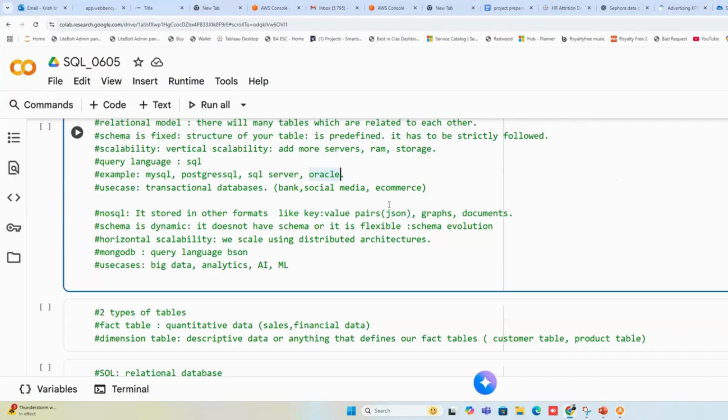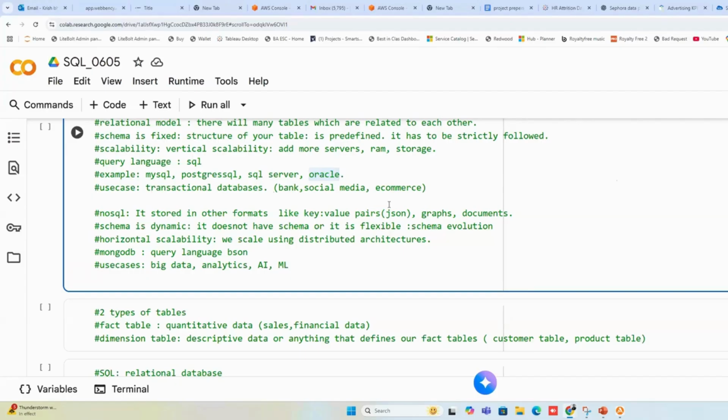All right. Now, what is the difference between a fact table and a dimension table? Fact table is quantity data, for example sales, financial data. Dimension tables describe the data, for example names, age, customer table, product attributes table.